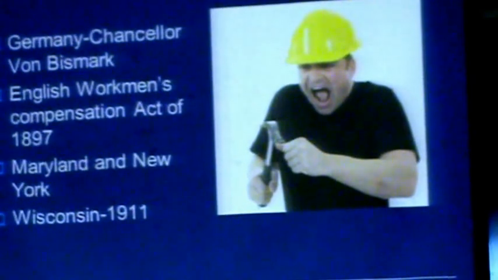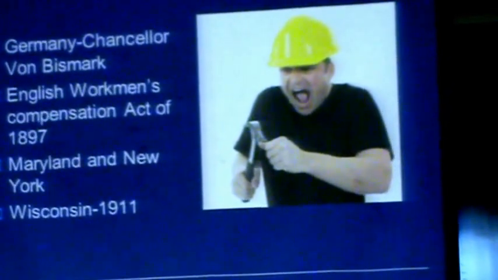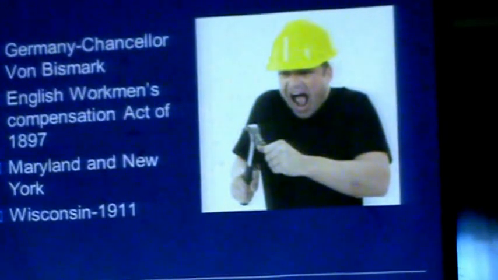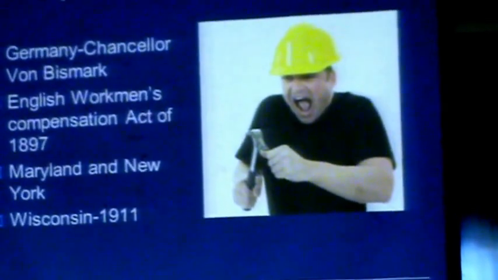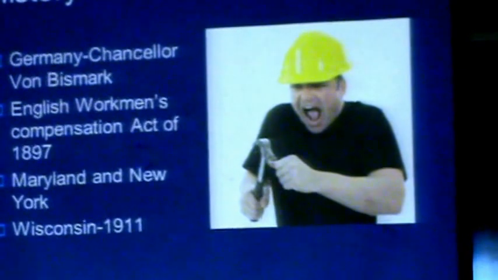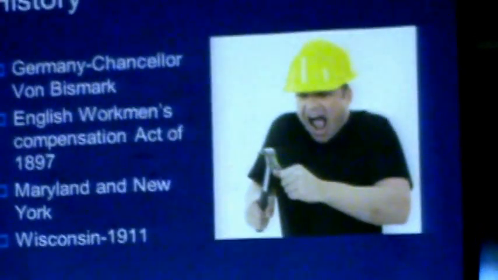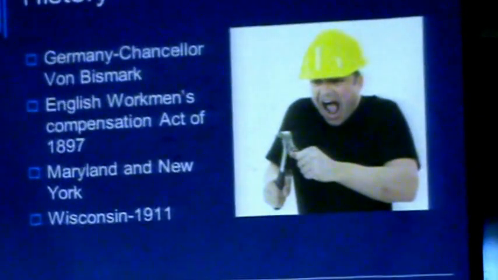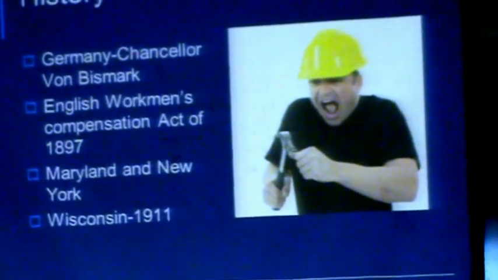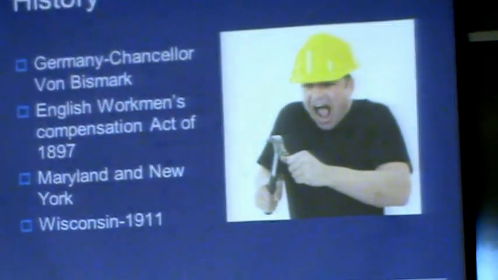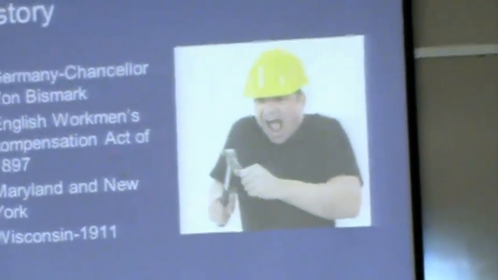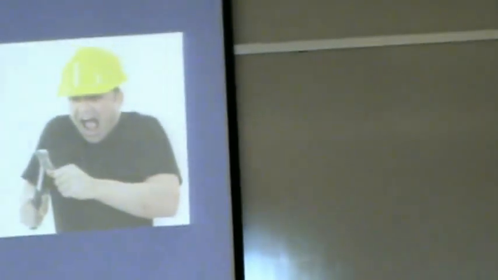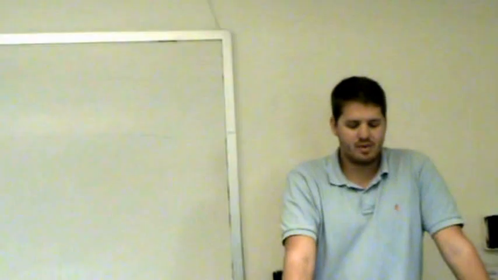Future changes were enacted on this law, and Chancellor von Bismarck of Germany in 1881 passed the Voluntary Insurance Act, which failed in actual operation, but it introduced a compulsory plan, which was enacted in stages and finalized in 1884 as the model for our current system, where if an employee does get injured on a job, they're able to go through their employer to get insurance to pay for their medical bills and lost work.